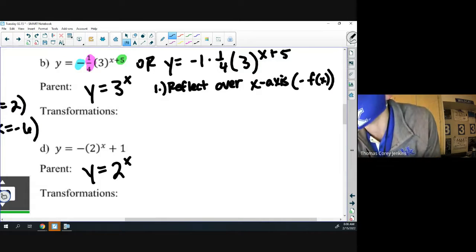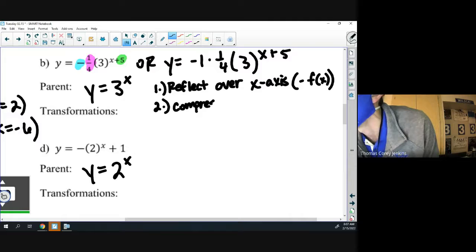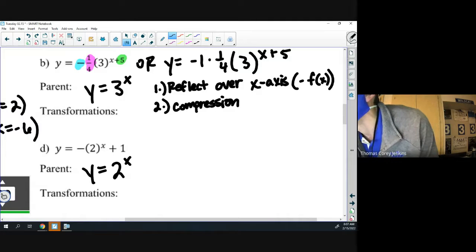The 1/4, is that a stretch or a compression? Compression. Okay, so compression where a equals 1/4.